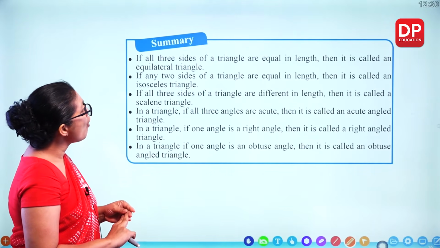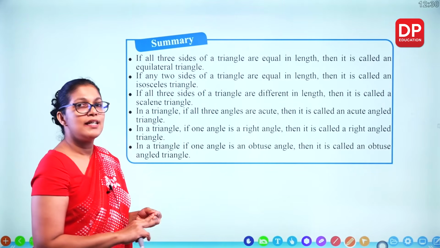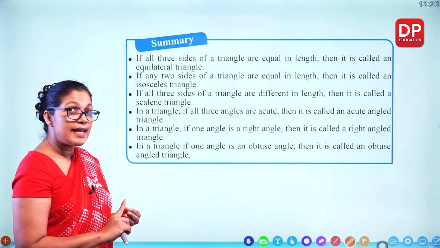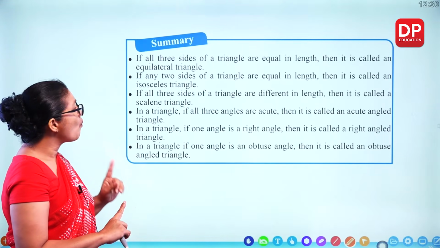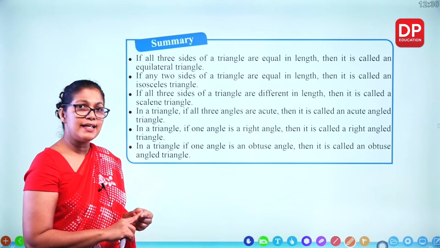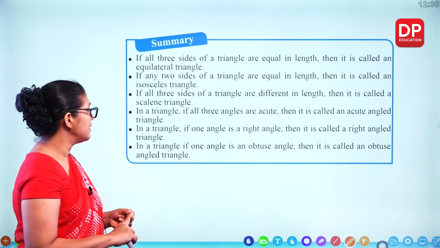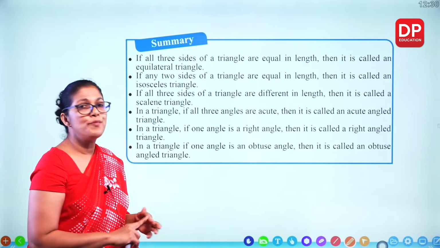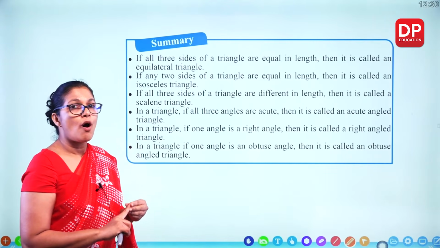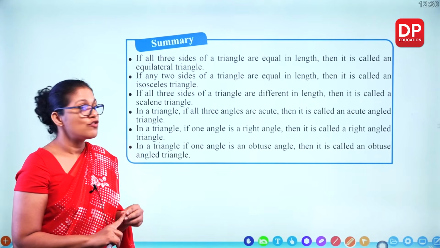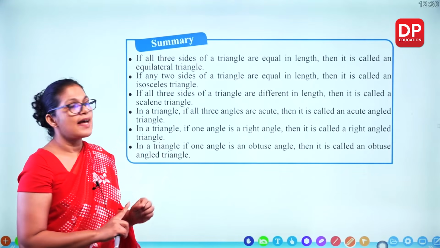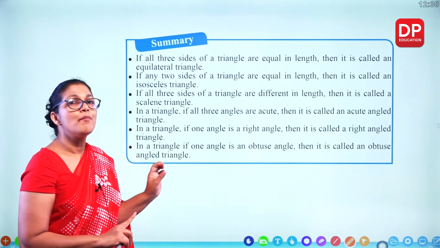In a triangle, if all 3 angles are acute, then it is an acute angle triangle. If one angle is right angle, this is right angle triangle. And if one angle is obtuse, we call it obtuse angle triangle. So practice all exercises and example in both parts.